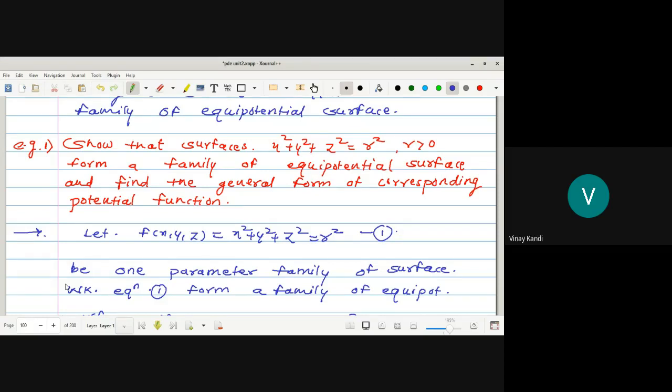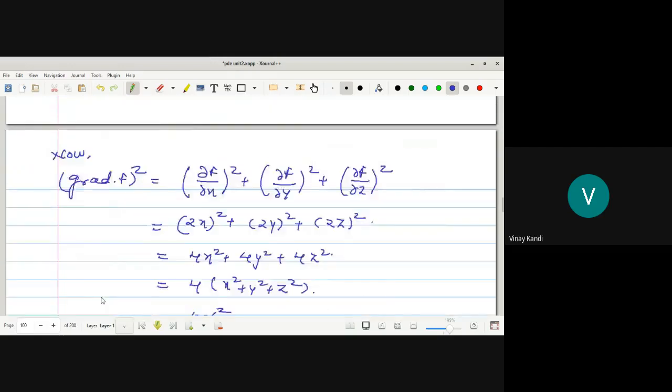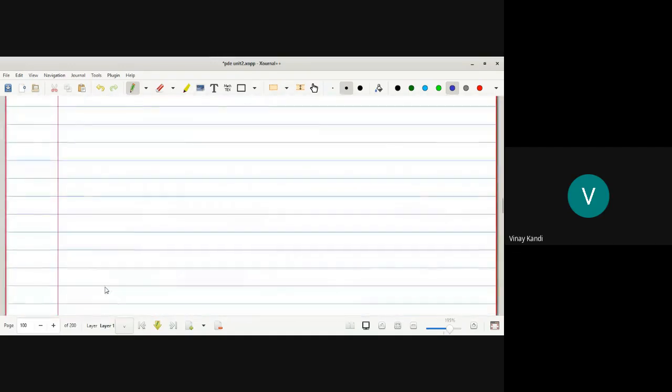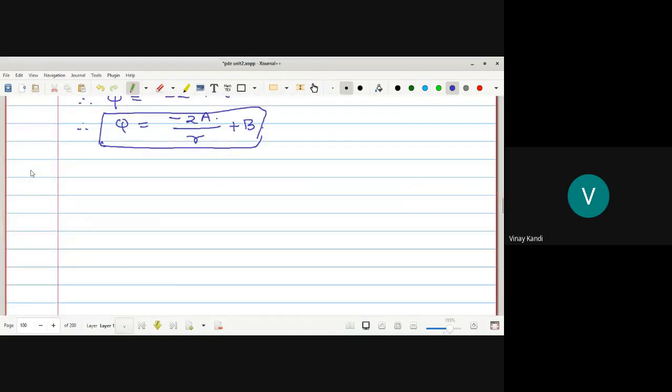Okay, take an example, just solve. Wait a minute. Solve this for the homework.